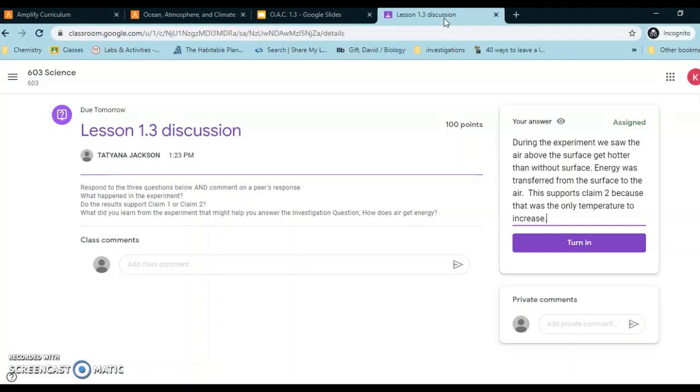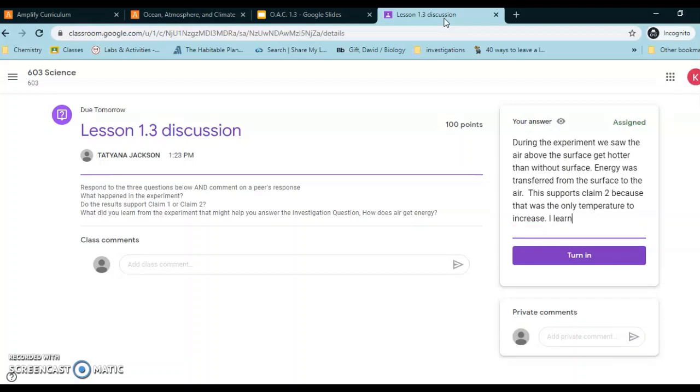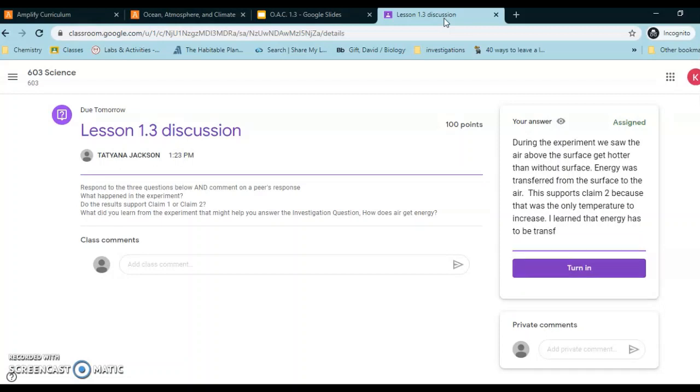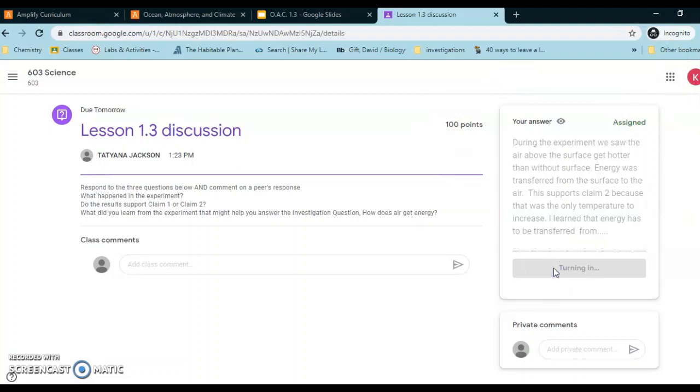What did I learn in this experiment that might help me answer the question, how does air get energy? Well, I learned that energy has to be transferred from, and I'll let you guys finish that sentence, right? And then I'm going to turn it in.